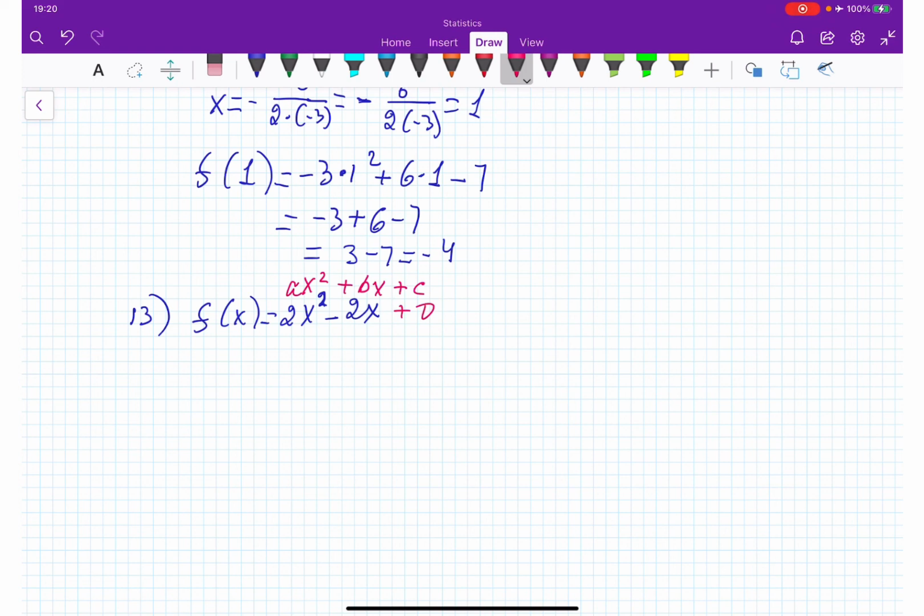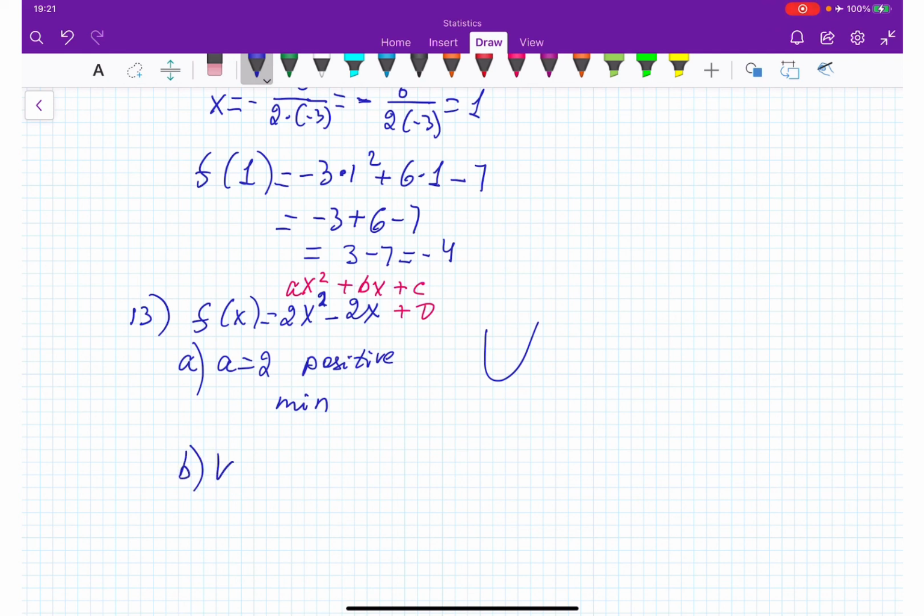Because there is no c, so it is going to be 0. Okay, a. So a is equal to 2, which is positive, right? Therefore, we are going to have a minimum, right? The graph will go up, right? Okay, now let's do the vertex.